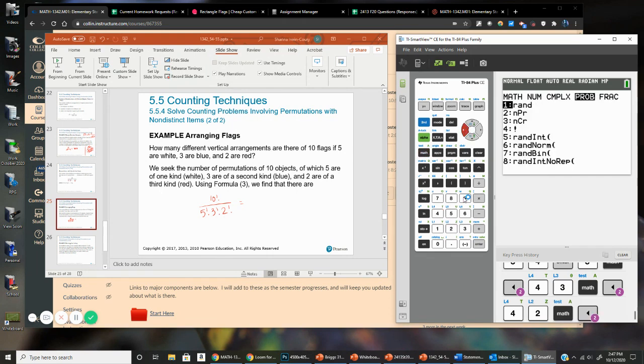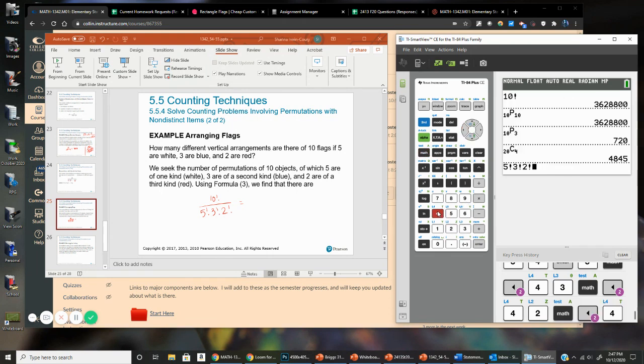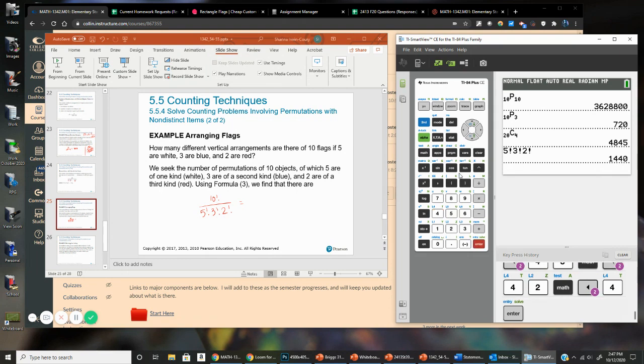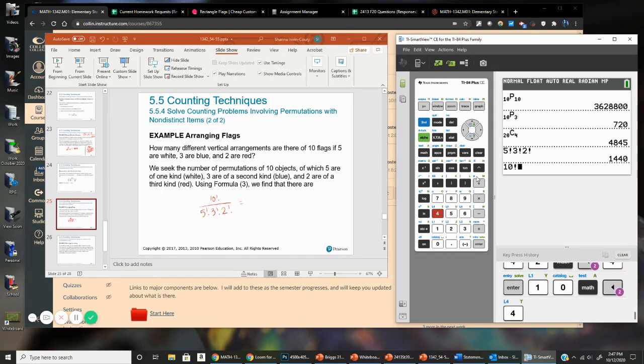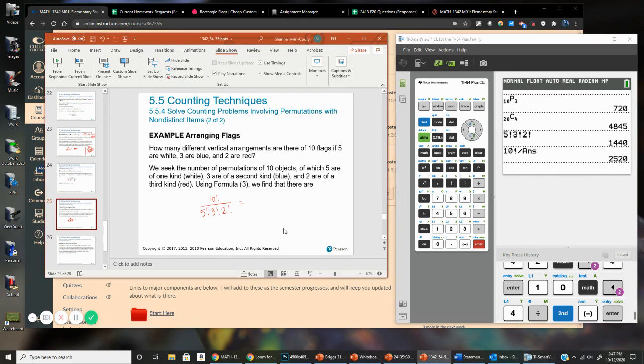You might recognize that 2 factorial is just 2, so you don't actually have to do this. I'm doing the denominator first so I don't have to use parentheses. So then I'm just going to go 10 factorial divided by the previous answer, 2520.